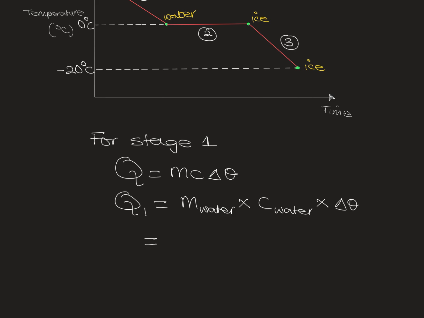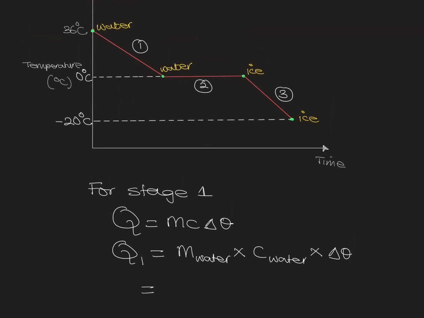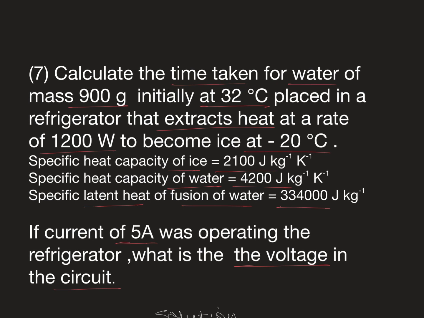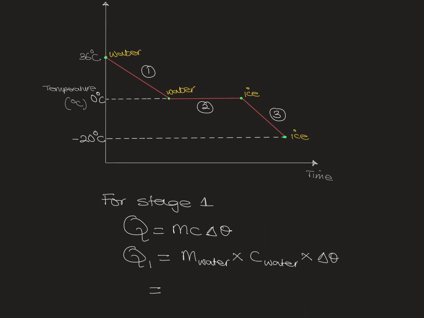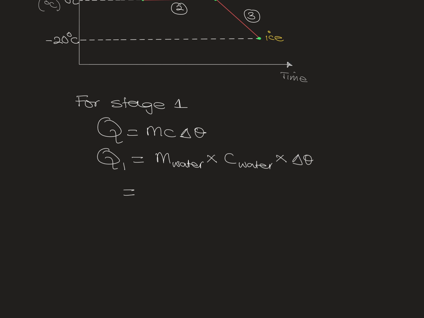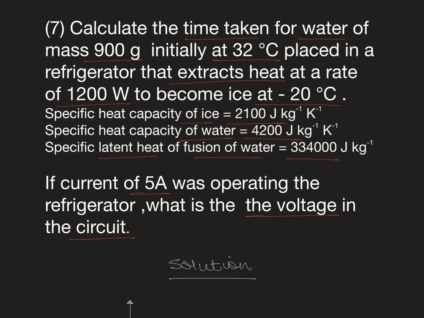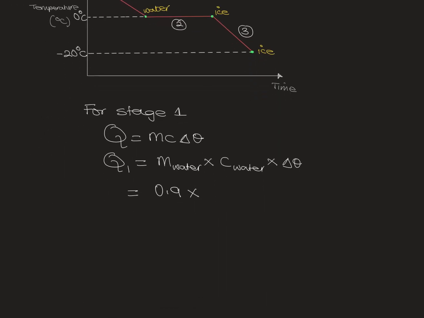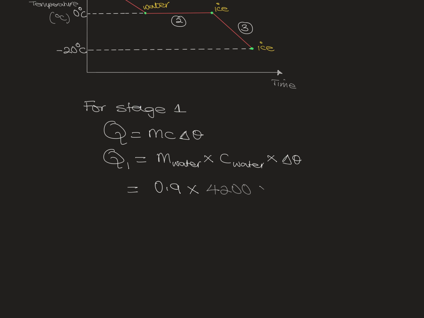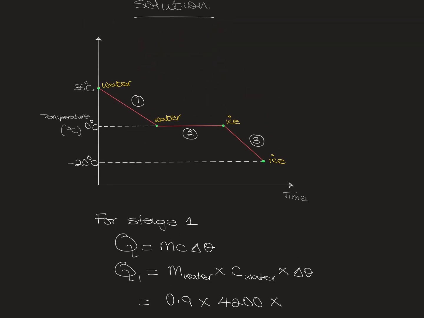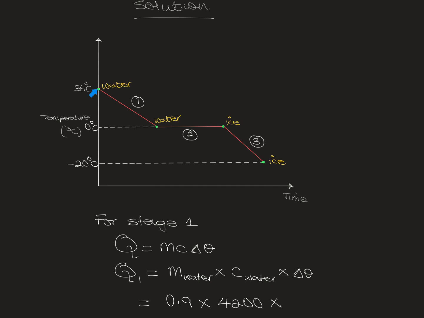So the mass of the water that is given in the question is 900 grams. That is 0.9 kilograms. Multiply by what is the specific heat capacity of water. The specific heat capacity of water is 4,200 joules per kilogram per Kelvin. Multiply by the change in temperature. The temperature falls from 36 degrees Celsius to 0 degrees Celsius.